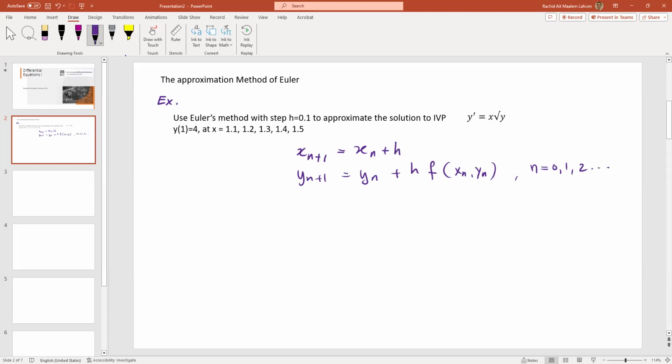So here, based on this initial condition, the point x0, y0 is 1, 4.